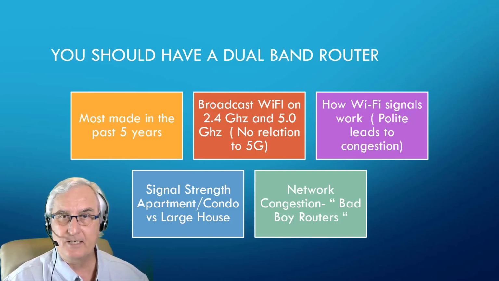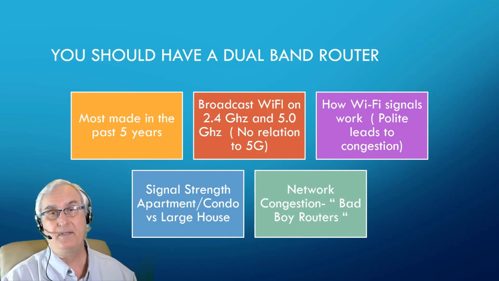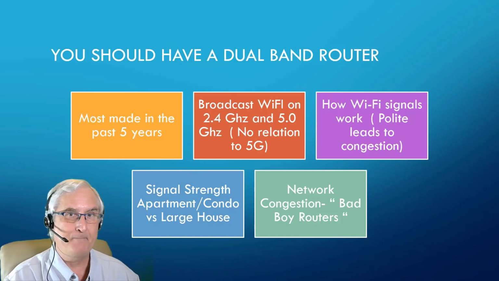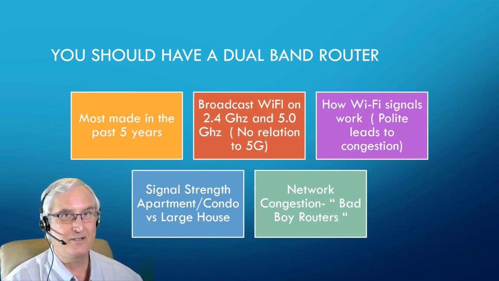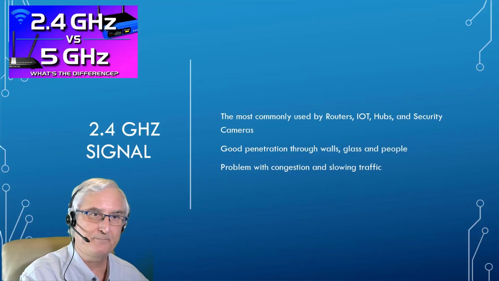It's going to lead to congestion and collision amongst these radio waves, and that's going to slow everybody's signal down. So if you live in a populated condo or apartment and all of a sudden you notice a degradation in your signal, it could be someone who's brought a bad boy router in and plugged it in, and it's creating a lot of congestion traffic. That's one of the problems you may have.